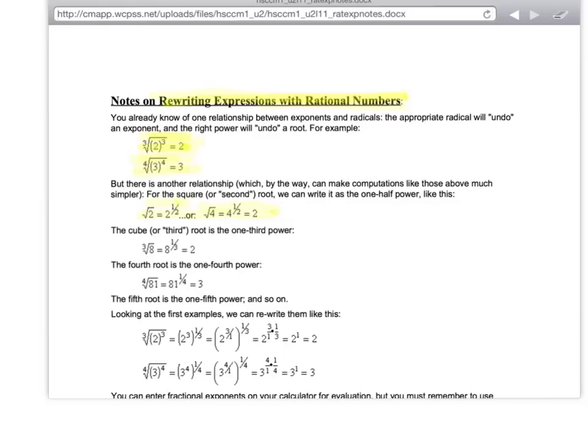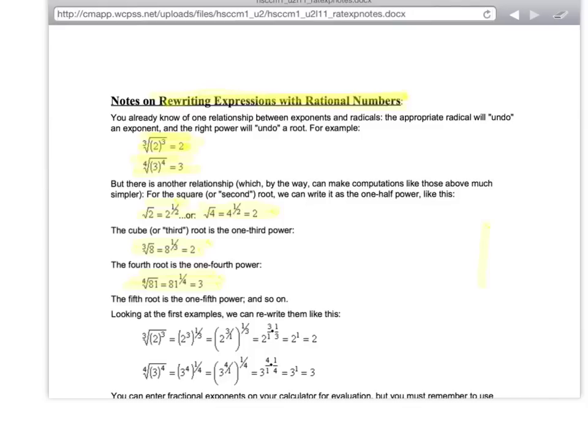The cube or third root is 1/3 power. If you take the cube root of 8, it equals 8 to the 1/3 power, which equals 2. The fourth root is the 1/4 power. If we take the fourth root of 81, it equals 81 to the 1/4 power, which equals 3. The fifth root is the 1/5 power, and so on.